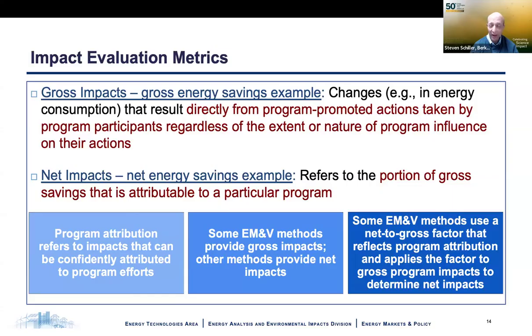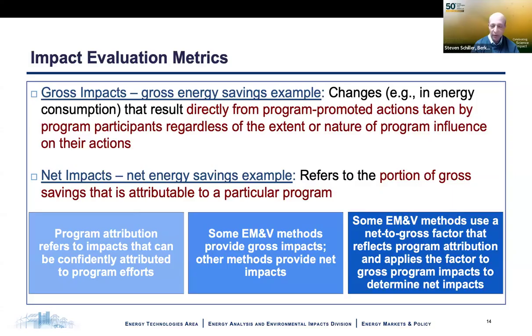It's just what happened by the program participants. How much energy did they save, whether the program influenced it or not. Whereas the net impacts, they're about the portion of those gross savings that are actually attributable to your program. And attribution is the term we use there, the attribution associated with the program.